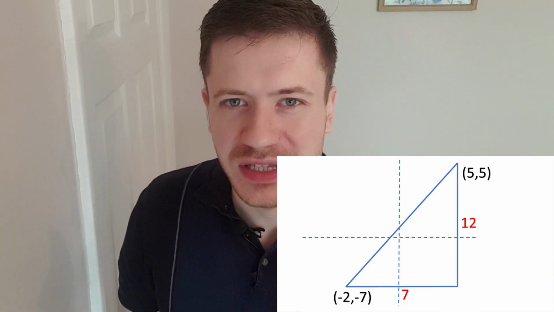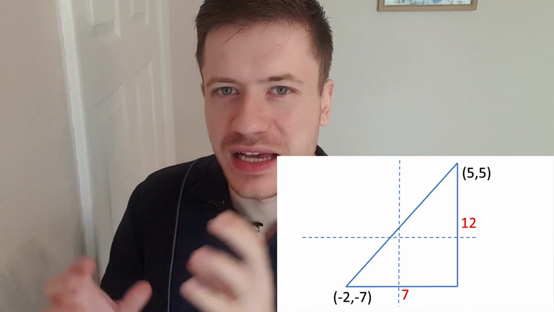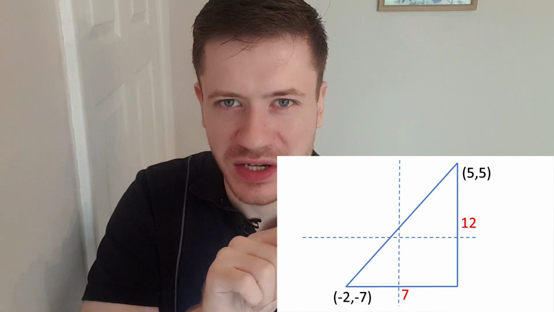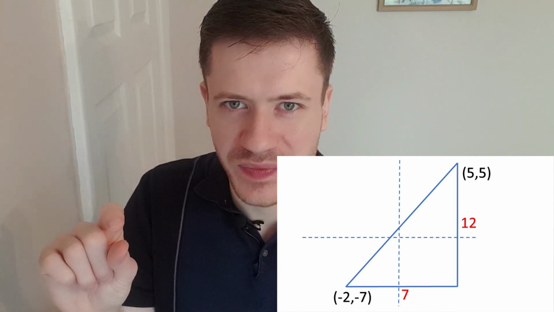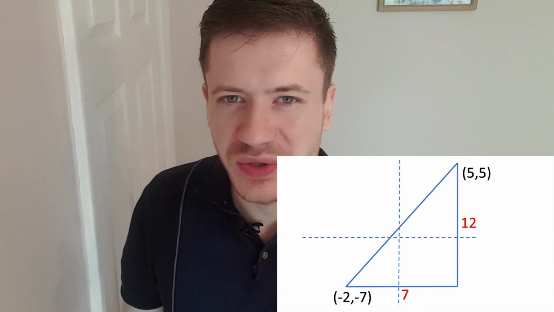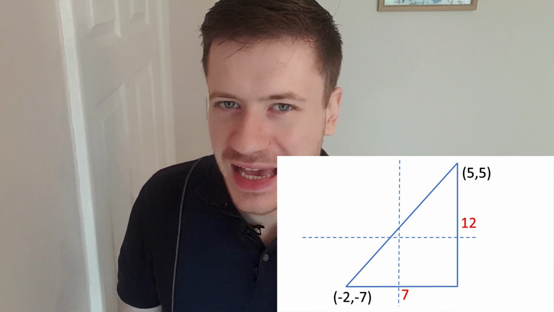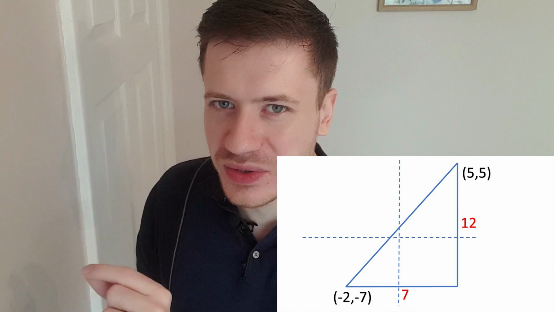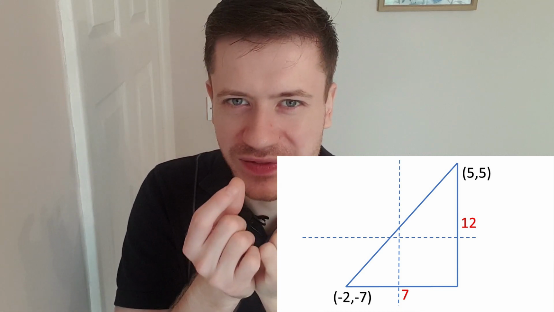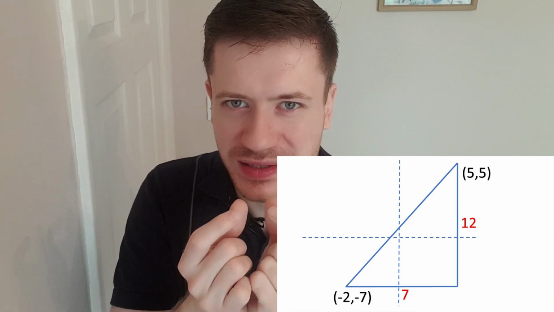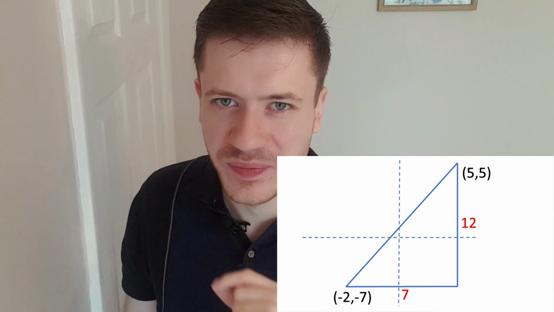What is the difference between 5 and -2? That's the horizontal distance. Hopefully you got 7, because 5 take away -2, that double negative cancels out and becomes a plus. 5 plus 2 is 7.